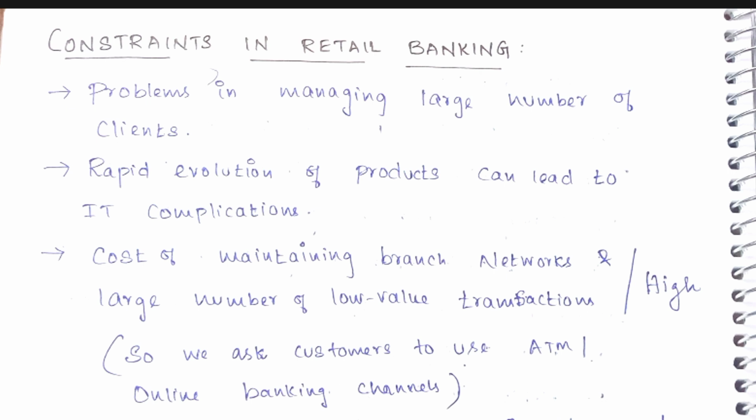And RBI has taken a review regarding walk-in customers as well as the use of ATMs, and they have said that the number of low value transactions we are handling gives us high cost, so we ask the customers to use ATM and online banking services to make it cost effective. This was the main constraint we face in retail banking because of the large volume of customers.